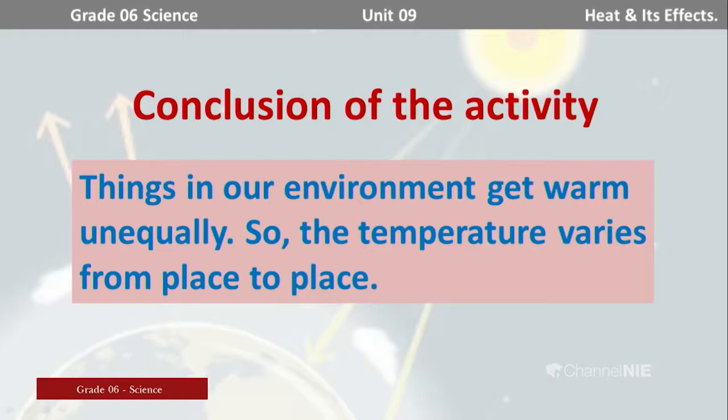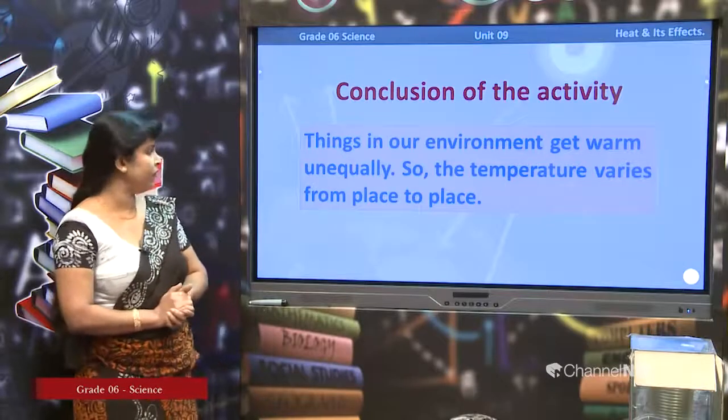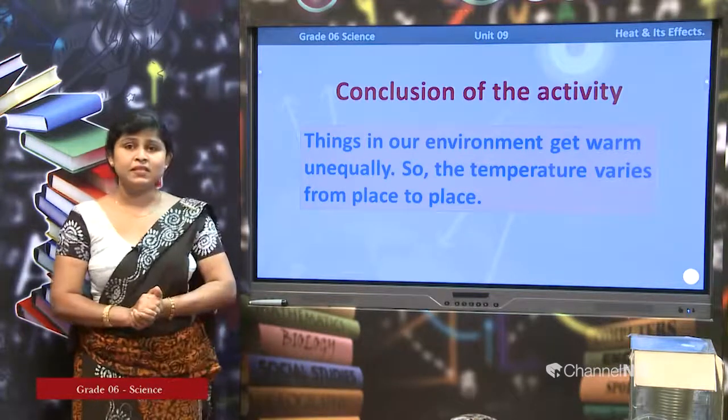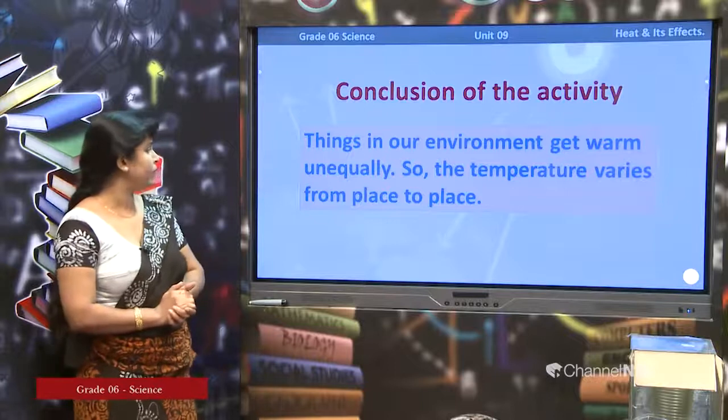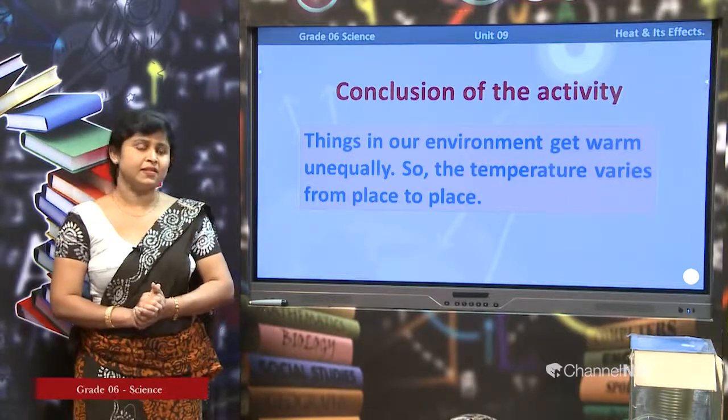So the temperature varies from place to place. A very important thing. The things in our environment get warm unequally. They do not get warm equally, they get warm unequally. So the temperature varies. Varies means changes according to the place. It changes from place to place.